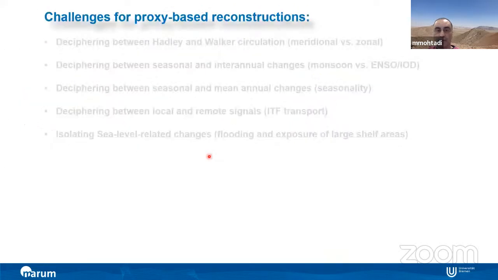Anyway, to sum up this first part of my talk, and I hope I could show you some of these difficulties, you can take this as a take-home message if you like. There are some challenges for the proxy-based reconstructions.